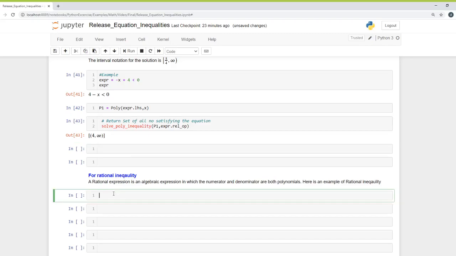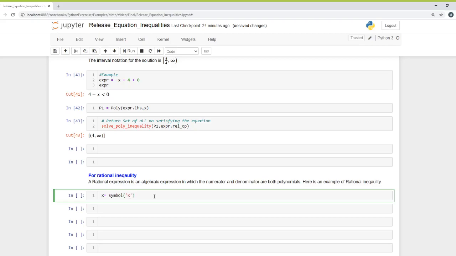For rational inequality, we have already discussed it in our video, but here we will take a single example to revise all the previous things. x is equal to symbol. What is a rational expression? A rational expression is an algebraic expression in which the numerator and the denominator are both polynomials. Here is an example of a rational inequality.